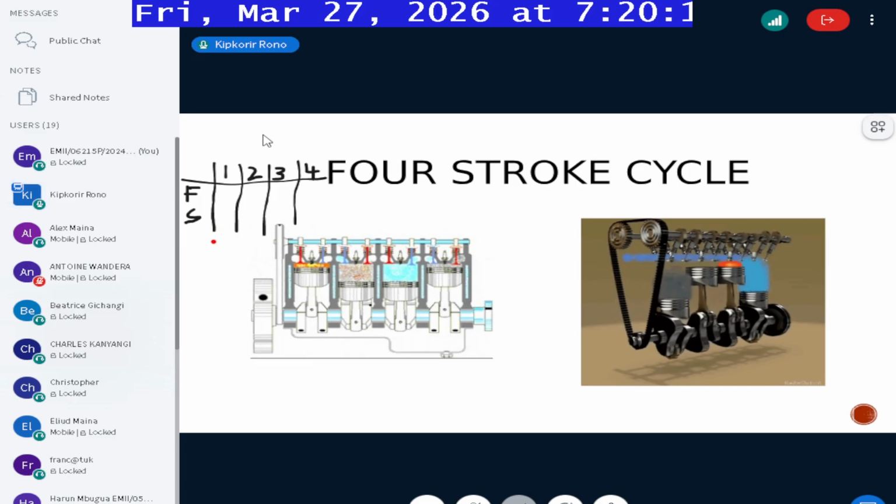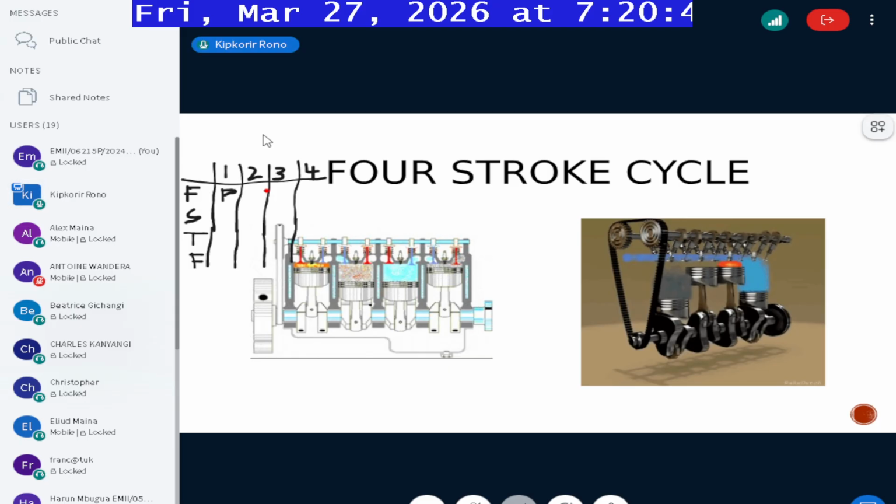That's a stroke. Then the second, the third, and the fourth. You can see cylinder number 1 is undergoing power stroke.